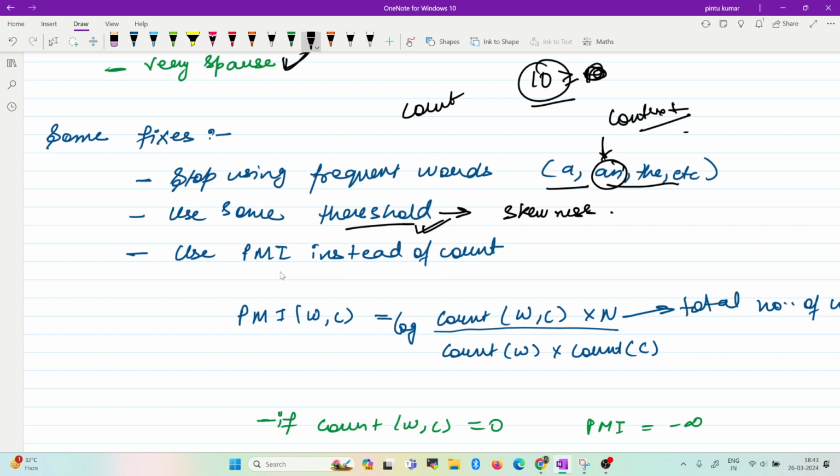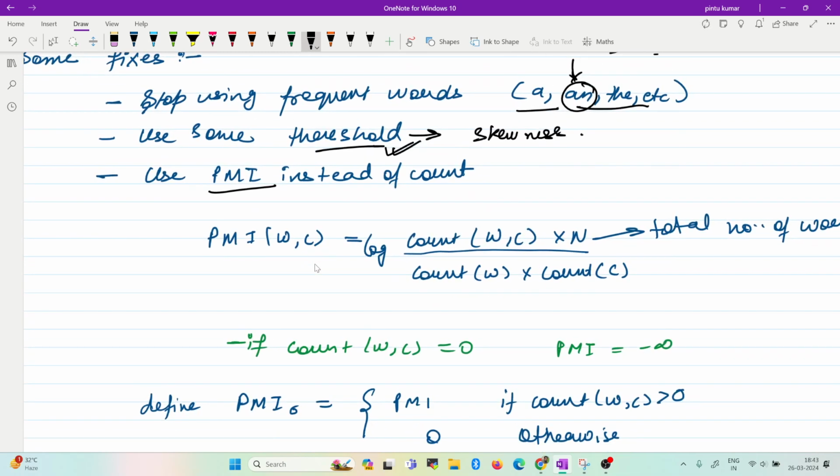The last thing that people have suggested is PMI. So what is PMI? The intuition behind PMI is that rather than just looking at the count of a particular pair, you normalize it with the count of the word multiplied by the count of the context.